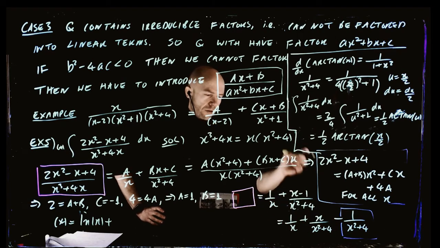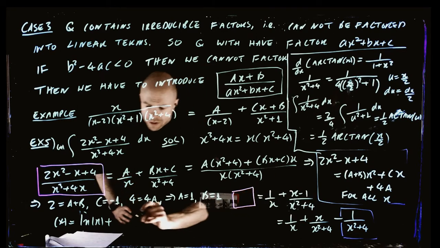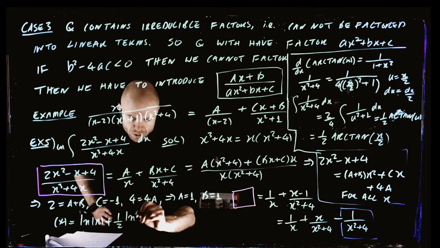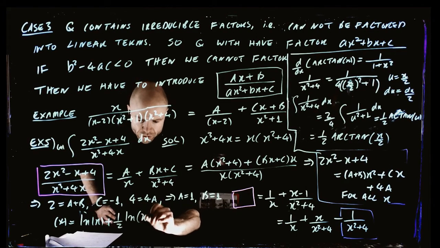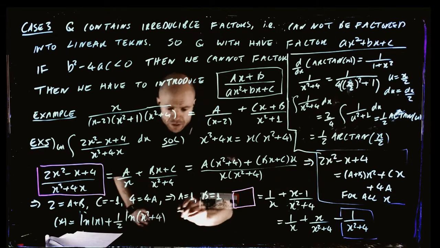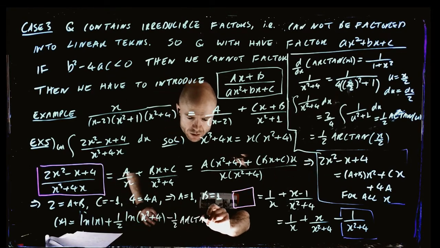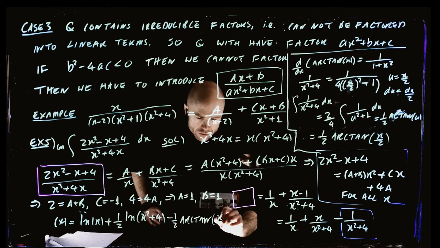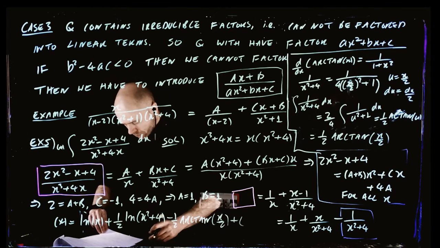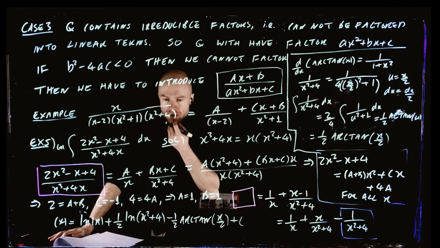If we do that, we're going to have 2x over x squared plus 4, which isn't quite what we want. So let's just get rid of the 2 by putting a half here: log of x squared plus 4. And then this guy we've just figured out, it's minus 1 over 2 arctan of x over 2. And then plus constant c, and that is our answer.